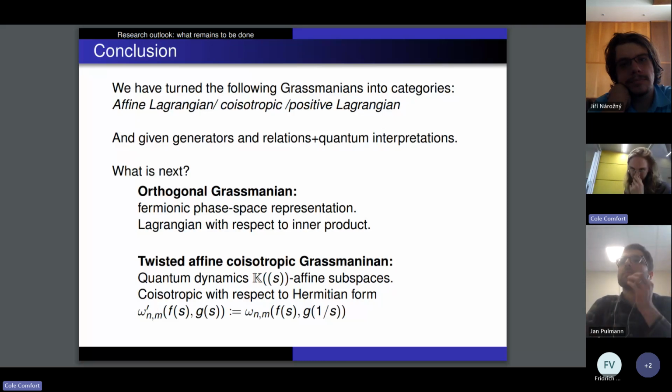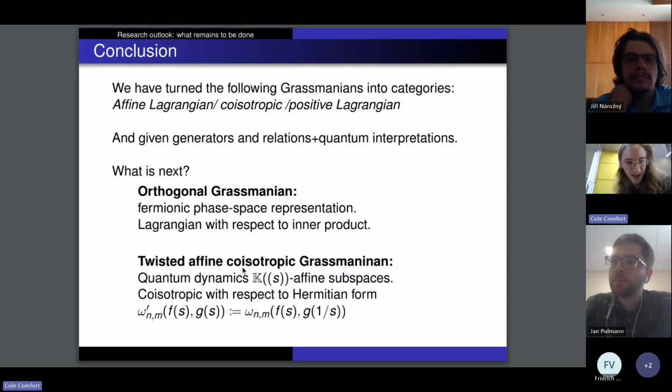The problem with the Schrödinger equation and evolution is that we haven't figured that out yet. But this is one of the things I want to tackle next. I gave this header, twisted affine coisotropic Grassmannian, which I don't know if there's a better name, so it's very hard for me to search for it.